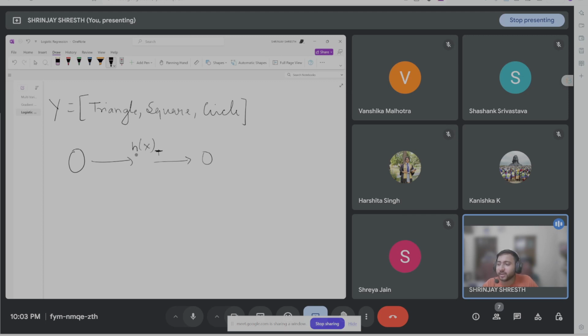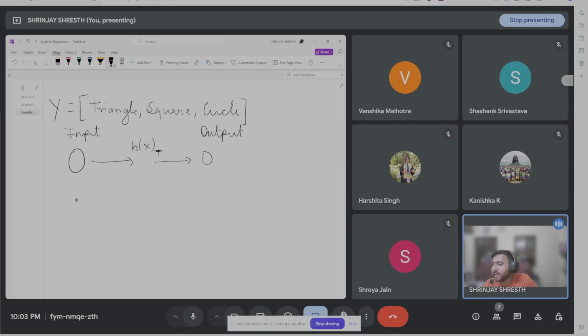If I pass this figure into this hypothesis function, this is definitely not a triangle, right? So the output should be 0. This is my input.